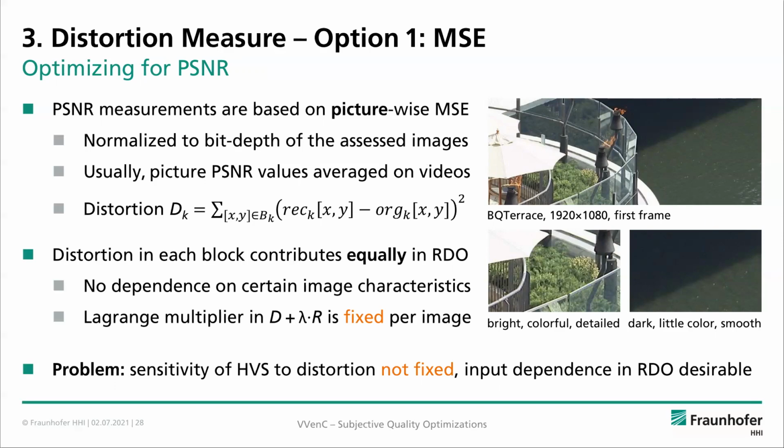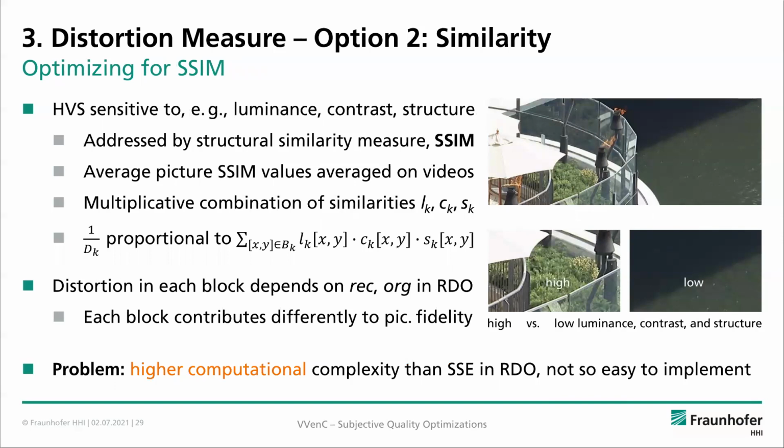Such features, brightness, color, and detail, are related to luminance, contrast, and structure, and those are things that are addressed by the structural similarity measure, or SSIM, which averages, as PSNR does, picture-wise SSIM values across the frames of a video sequence, and for each frame it calculates a multiplicative combination of luminance, contrast, and structure similarity values, as shown here, which means that when optimizing and encoding for SSIM, the distortion for a block is inversely proportional to the SSIM value for that block.